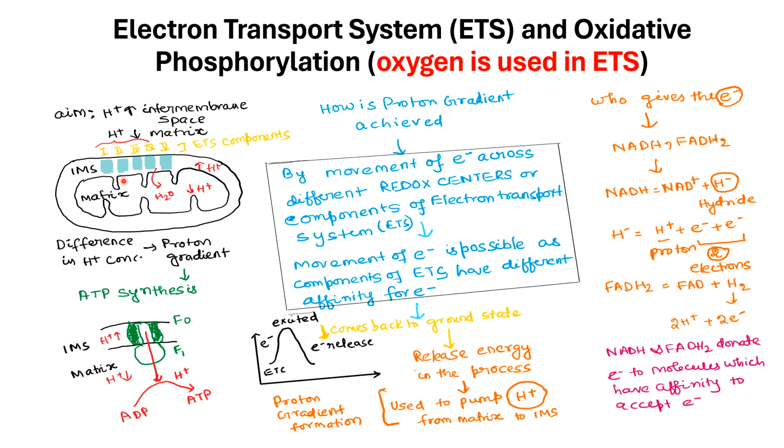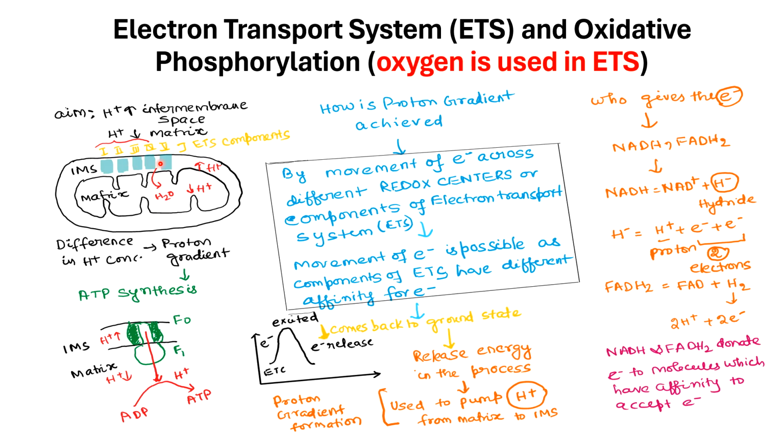So the electrons are accepted with the simultaneous release of electrons by NADH, right? Unless someone is willing to accept the electrons, you cannot lose them, right? Because redox centers in ETC are willing to take up those electrons. That is why NADH is able to release the hydride ions or the electrons.